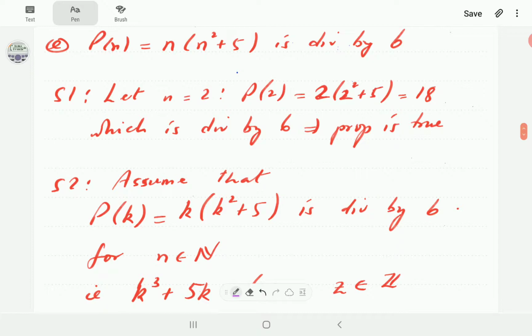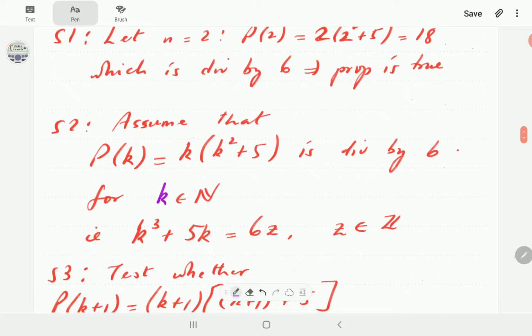Then we assume that for some value of n equals k, where k is a natural number, k into k squared plus 5 is divisible by 6. What this means, if you remove brackets here, is that k cubed plus 5k is equal to 6z, where z is an integer.